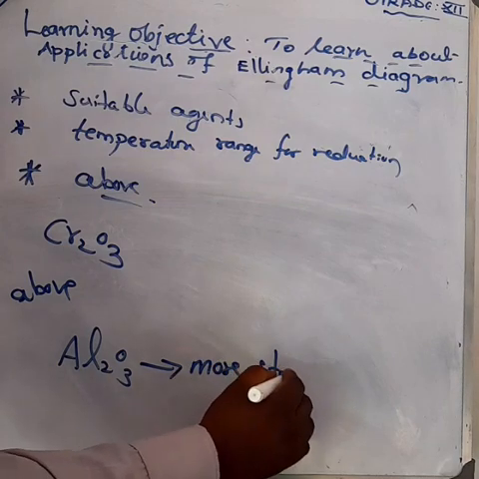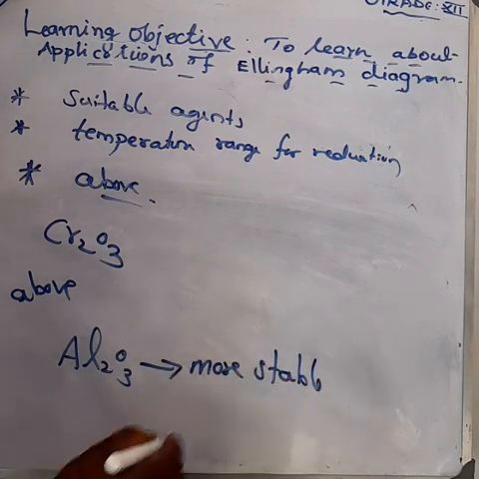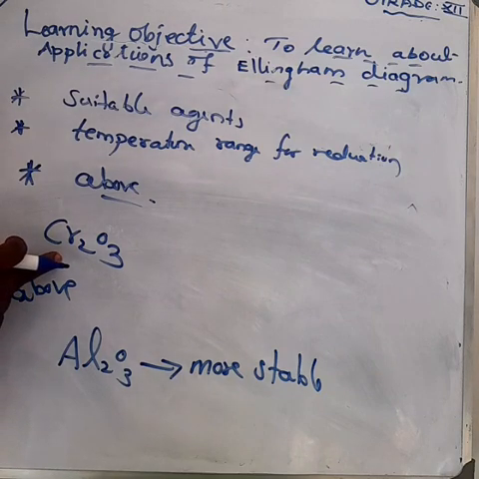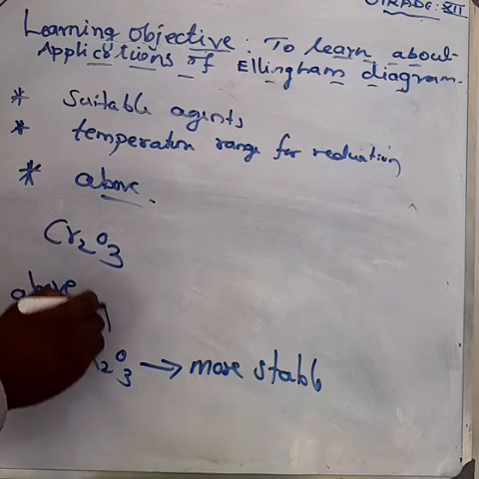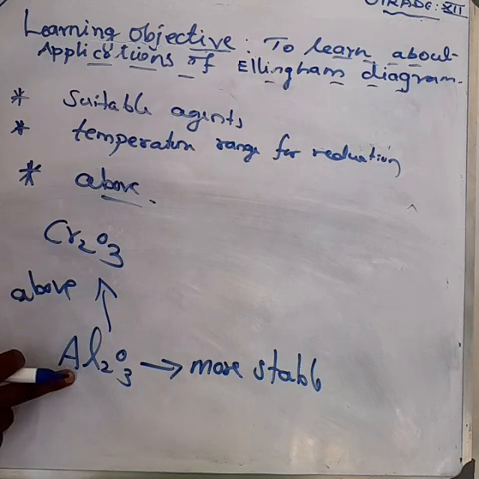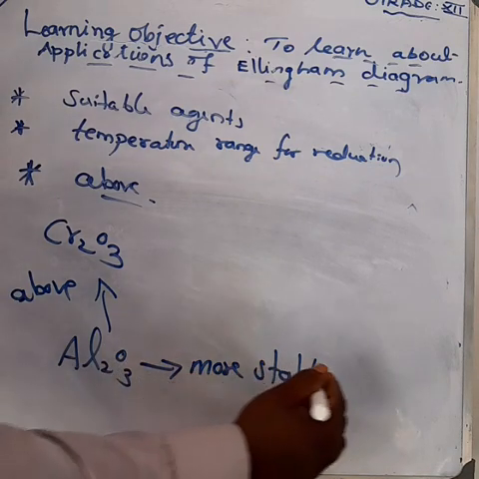Aluminum oxide is more stable than chromic oxide. What's the reason? Here chromic oxide lies above that of aluminum. Aluminum oxide is more stable than chromium oxide.